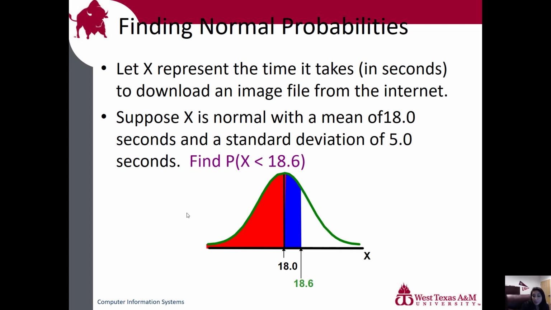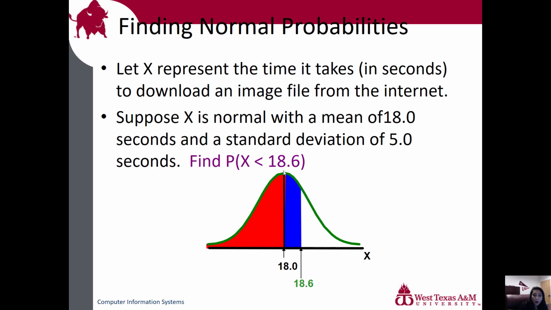Let x represent the time it takes in seconds to download an image file from the internet. So see, this is a continuous variable, so we are going to want to use a normal distribution. Suppose x is normal with a mean of 18 seconds and a standard deviation of 5 seconds. Find the probability that x is less than 18.6 seconds.